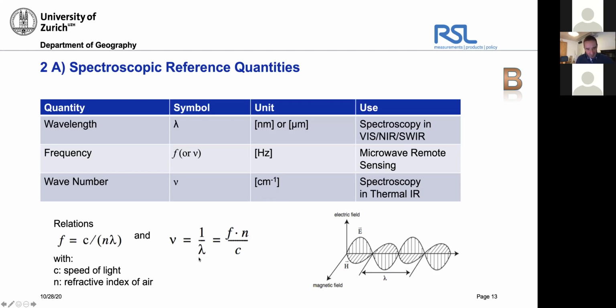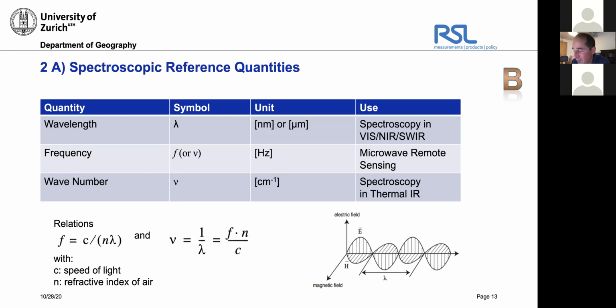And the one thing which is strange about the wavelength is it's not directly related to the frequency. You can divide the speed of light by the frequency, but then the index of refraction comes into the game. So the wavelength changes if you're in a different index of refraction.